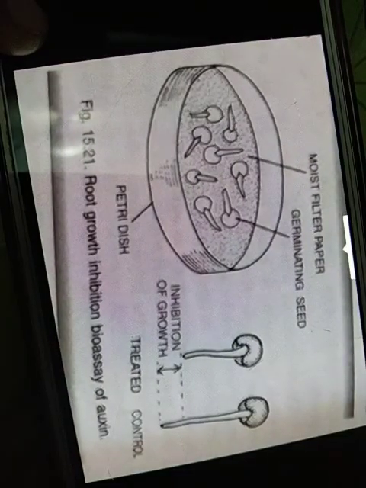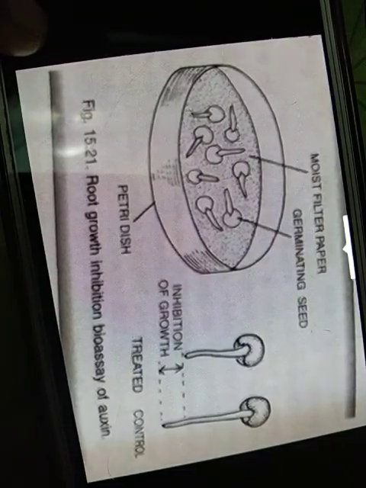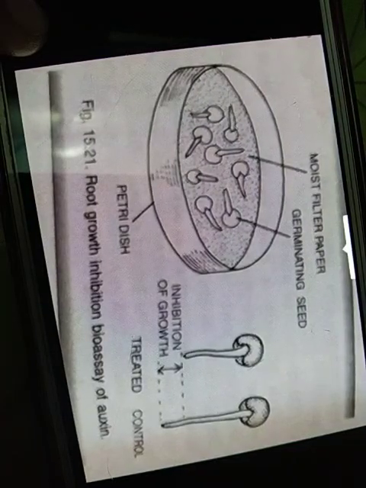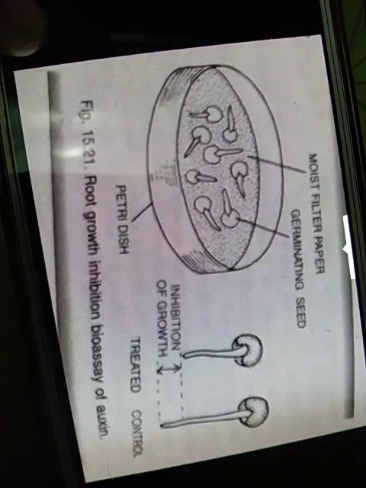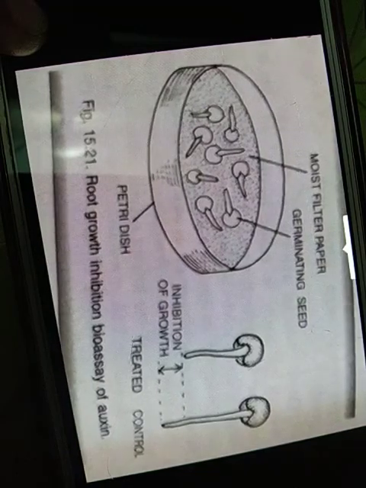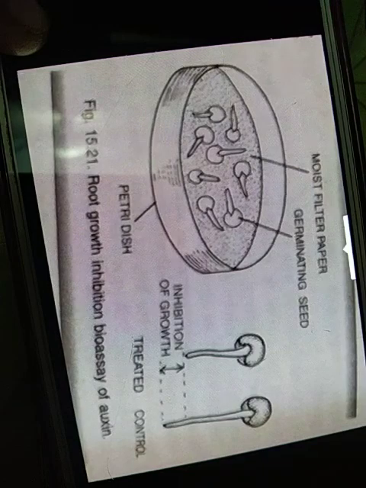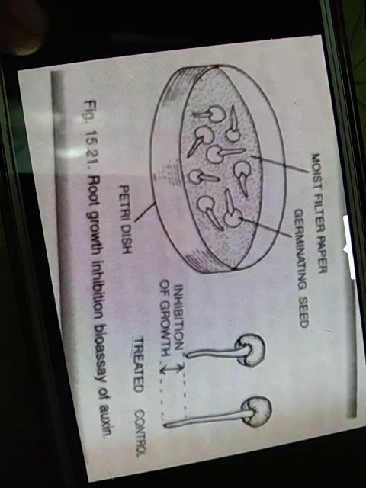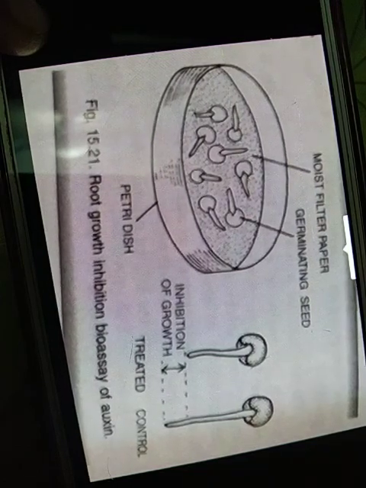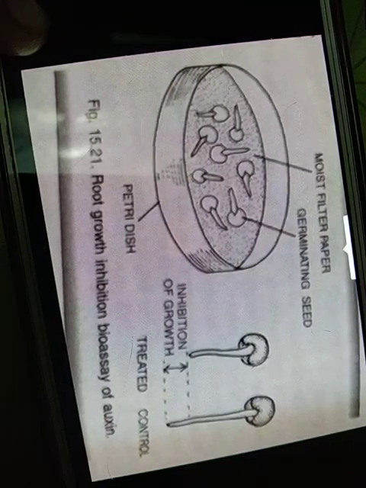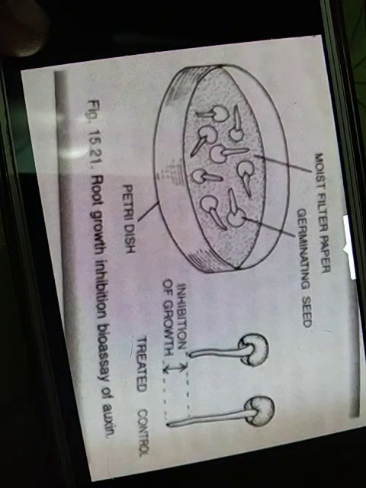Now, root growth inhibitor test. The sterilized seeds of Cress are allowed to germinate on moist filter paper. As the roots reach a length of 1 centimeter or so, the root lengths are measured. 50% of the seedlings are placed in the test solution while the remaining are allowed to grow over moist paper.